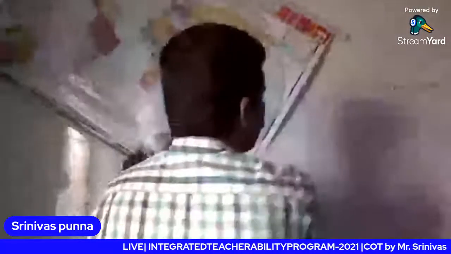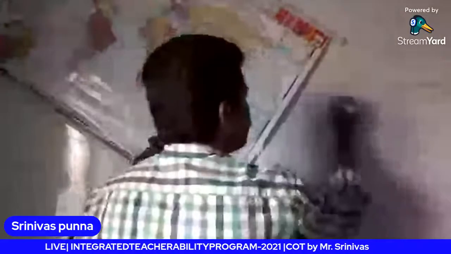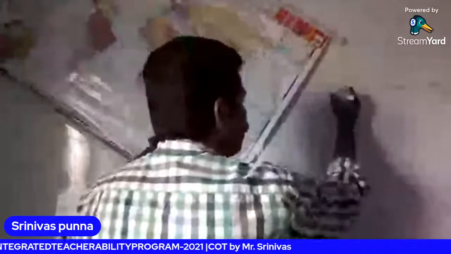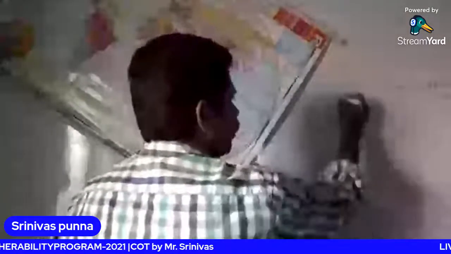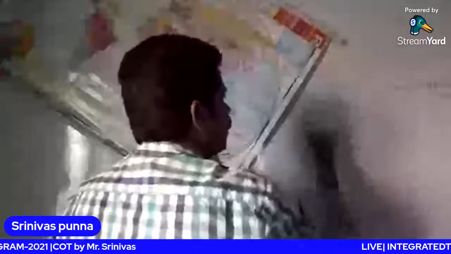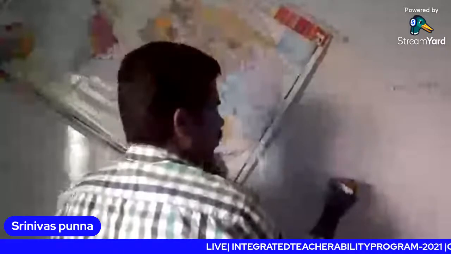In the same manner, we assume some vertical lines on the earth. These vertical lines are known as longitudes.